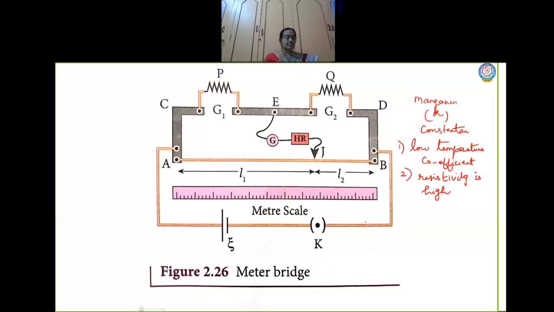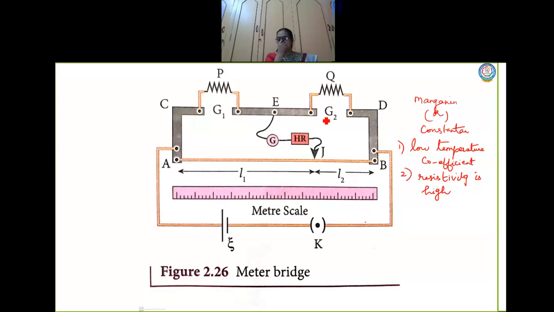Some resistance may be included in the circuit because all these are conductors, which are nothing but copper strips. So to avoid this end resistance, let us fix some value of known resistance and take the balancing length for it.